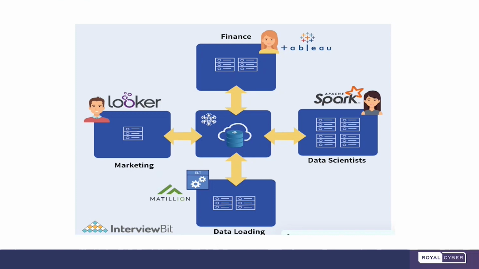And marketing people can connect, and finance people can also connect. So all these people's virtual warehouses cannot impact or influence each other's performance or speed because they are independent clusters.